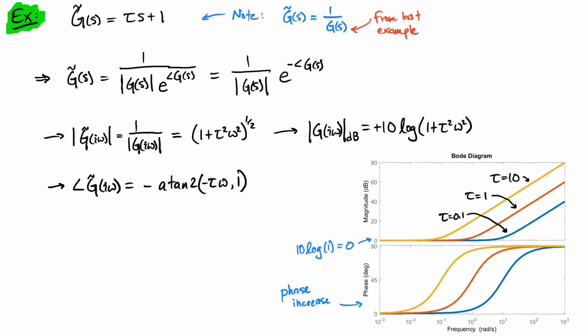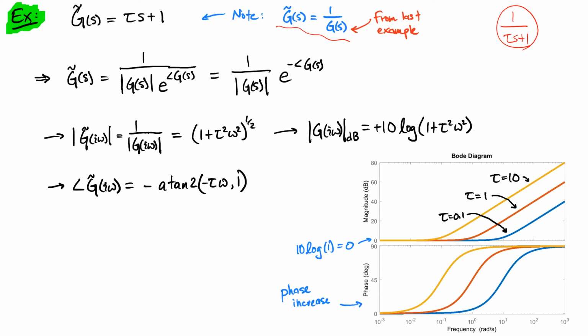So I encourage you to go ahead and do this example also from first principles, the same way we did the one before this, which was the pole version of this same transfer function. But now it's useful to use the result from our last activity. In our last activity, we said that if these two transfer functions are related as reciprocals, then we negate the phase and we negate the dB magnitude.